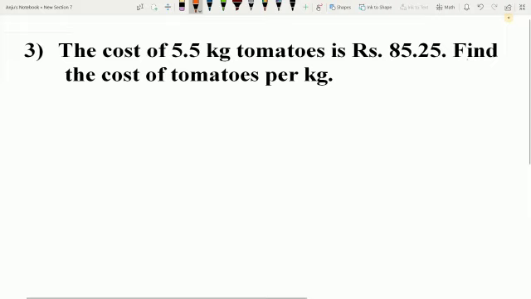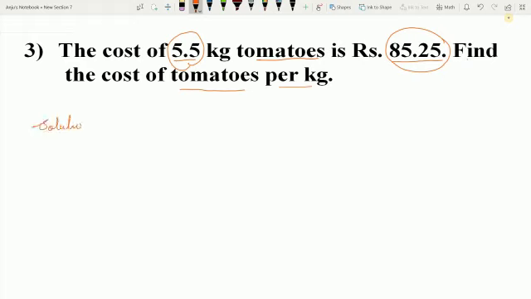Question 3. The cost of 5.5 kg tomatoes is rupees 85.25. Find the cost of tomatoes per kg. Student, here we have given the cost of 5.5 kg tomatoes, that is rupees 85.25. And we have to find the cost of 1 kg tomato.